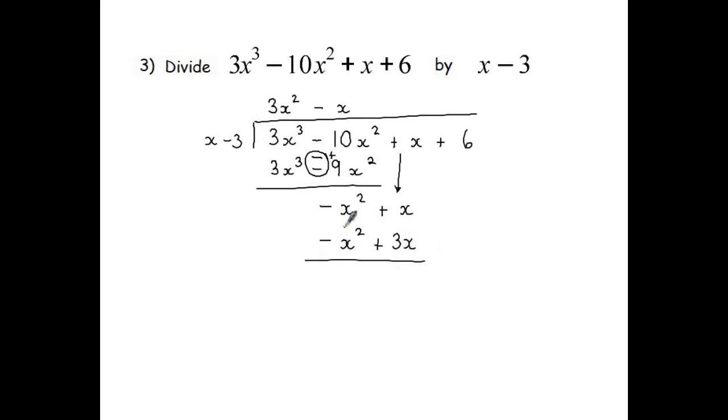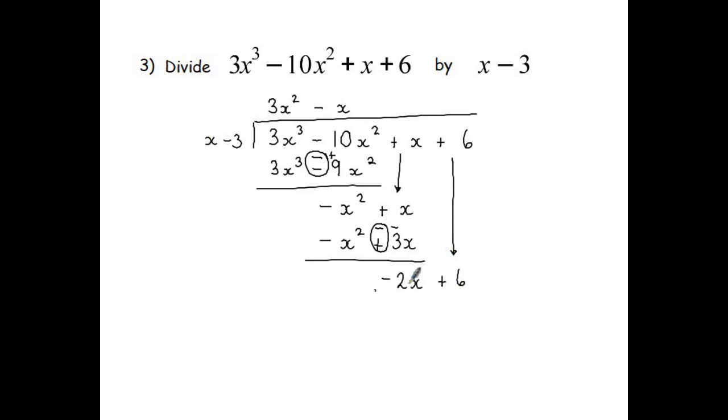So remember, when you subtract these, it's going to go to 0, and then you have x take away plus 3x. So the minus and the plus here is going to make a minus, so you've got 1x, take away 3x, to take you to minus 2x. Last bit, drag down this plus 6 and start again.